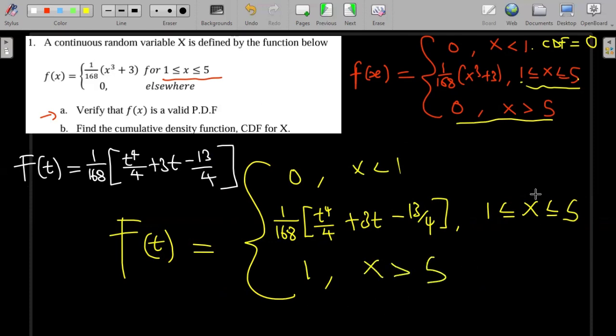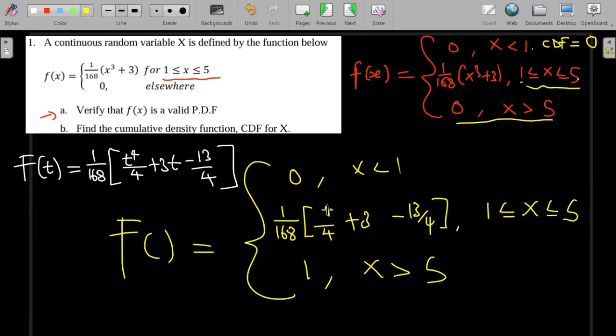So this guy here that I've written, oh, I've mixed up the variables now. If you use t here, make sure that even there you use t. If you use x, make sure you use x everywhere. So I can go back to my x. It's just a change of variable. It doesn't change anything.